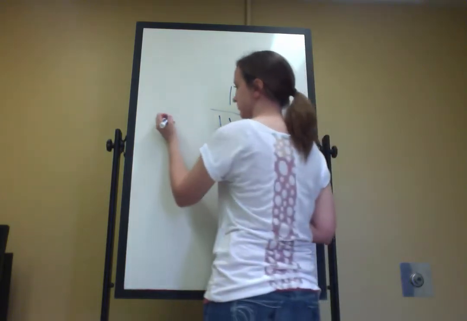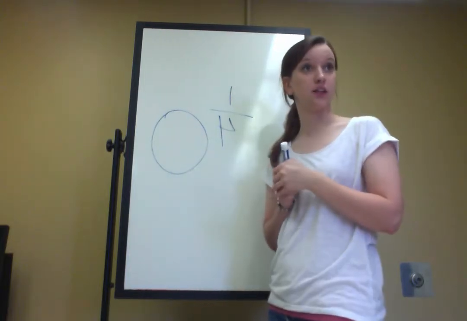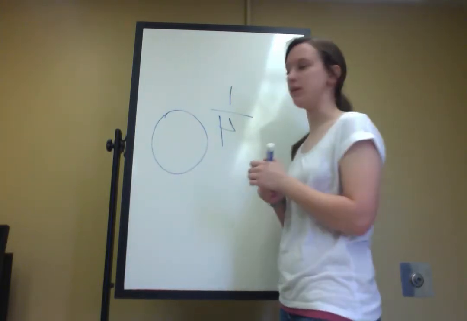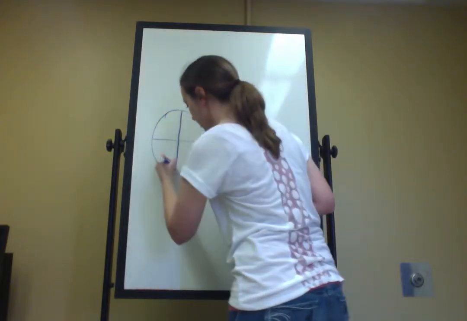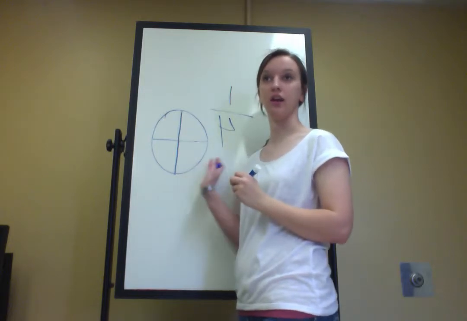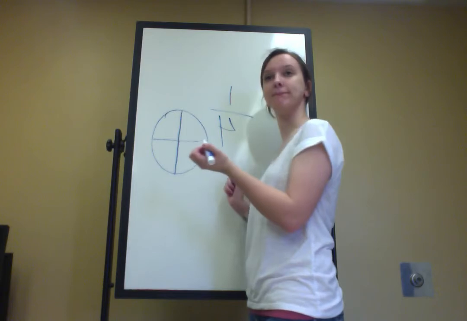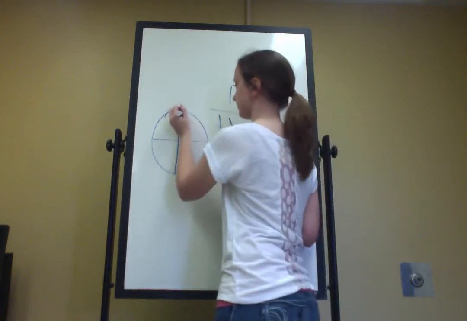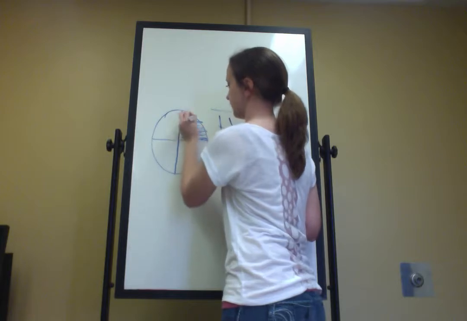Say we have a circle. How many parts are we going to divide the circle into? 4, right? Okay, now how much of this circle should I shade in if I wanted to show 1/4? Right, 1. So I would shade in this part.